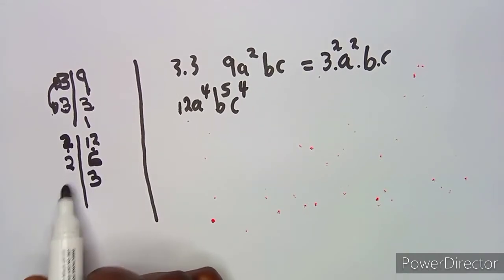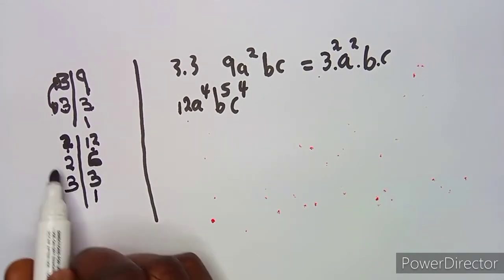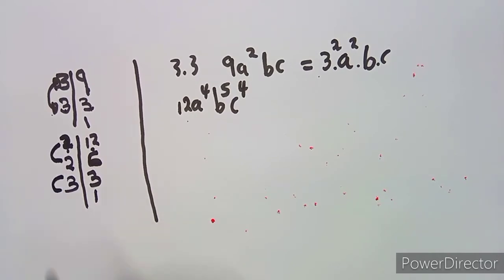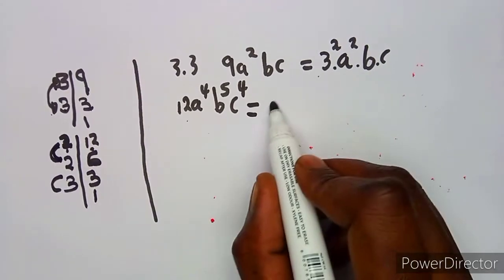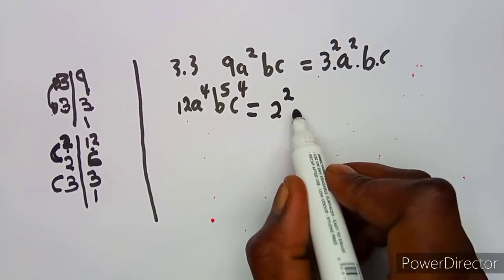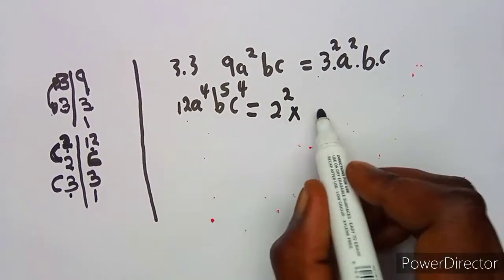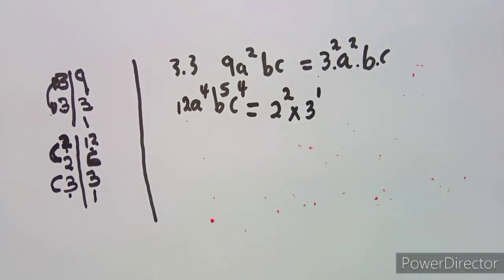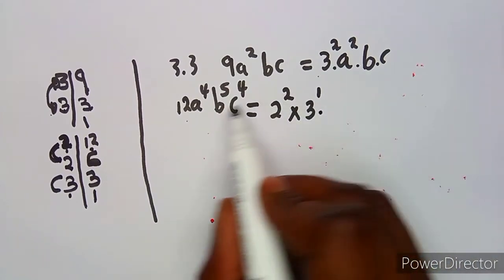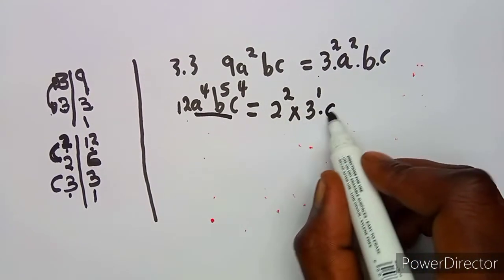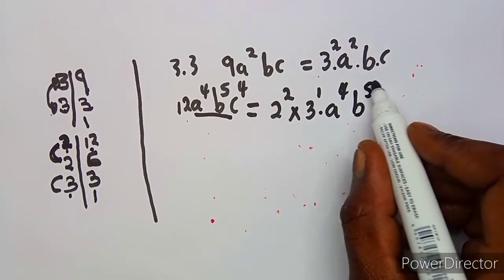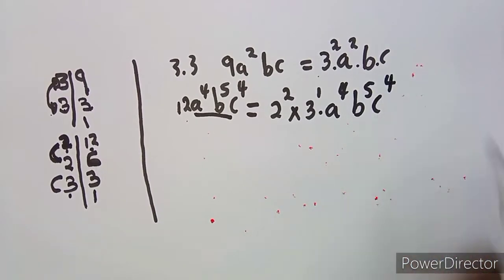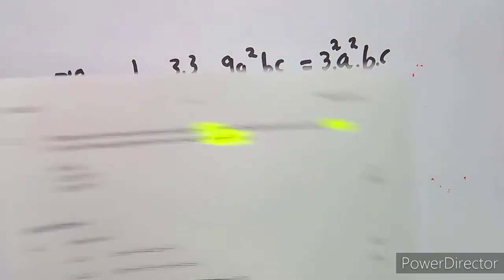So as you can see, 2 cannot, so you're going to use 3. So we've got 2 times 2 times 3, of which 2 times 2 is 2 squared, times 3, which is just the same as 3 to the exponent of 1. So there's nothing much there. And this part you're just going to write as it is, which is a to the exponent of 4, b to the exponent of 5, c to the exponent of 4, like that.